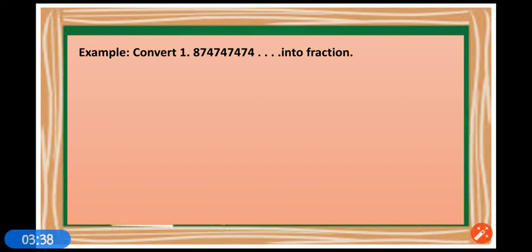Next one, you have to convert this 1.87474 and so on. But let me correct first, this is actually 1.27474, okay? So typo error for number 8 there, it's supposed to be 2. So you have to locate your numerator and denominator part. As we can see in our example, your repeating digits are 74, right?